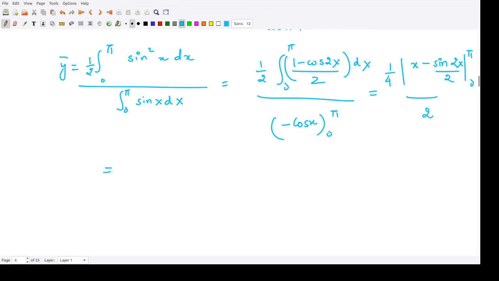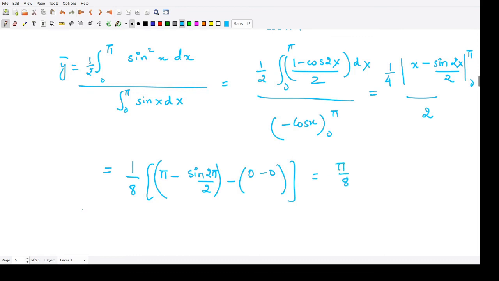So it would then be 1 by 8, and then we would have pi minus sin 2 pi divided by 2, and then the lower limit would be 0 minus 0, right? So sin 2 pi is again 0, so we have pi by 8 as this answer.